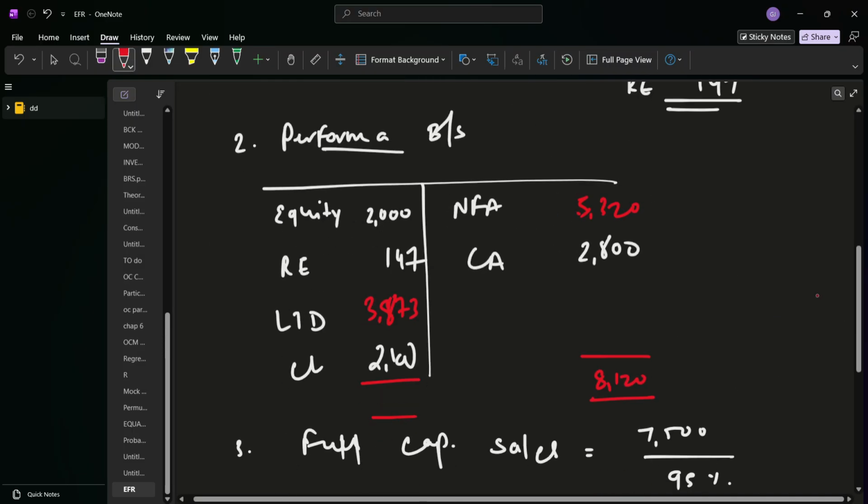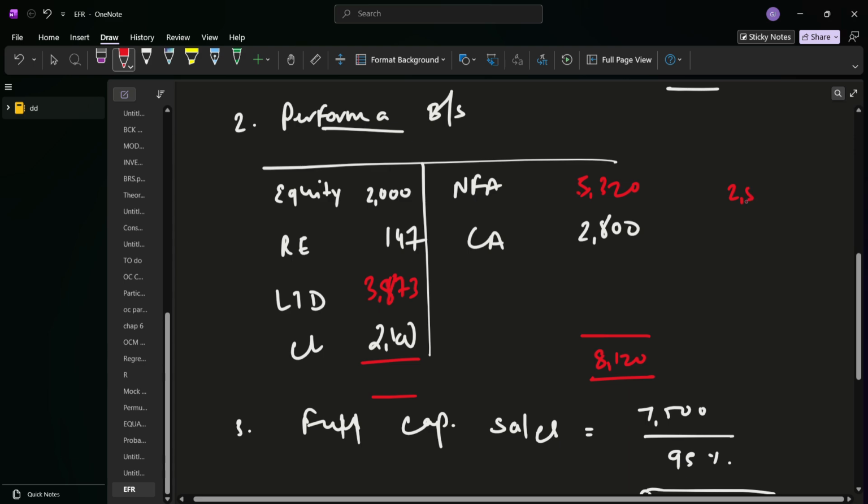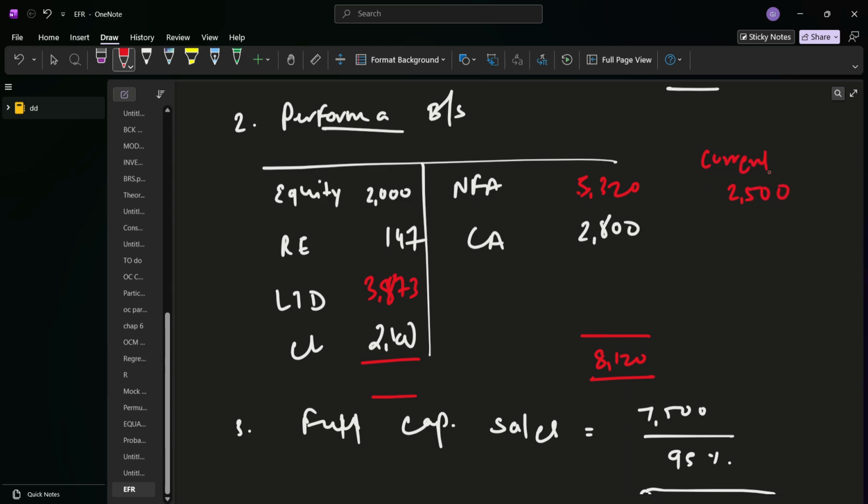So let's come to the balance sheet. We have 2,500 as current LTD, but the required LTD to support the growth of 40% is approximately 3,873.